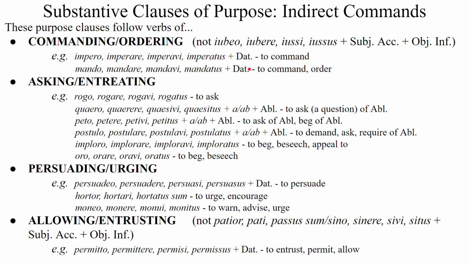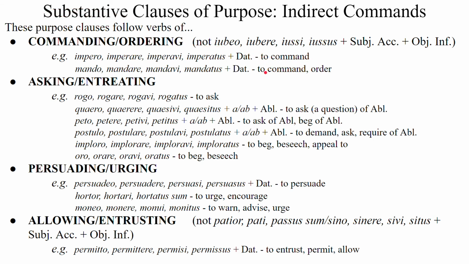Mando takes a dative, ut or ne plus an indirect command, etc. At least Caesar's consistent, even though he uses them kind of all over the place. So impero, imperare, imperavi, imperatus, and mando, mandare, mandavi, mandatus both mean to command or order, to give a command, and they both take the dative. And they're both followed by ut or ne plus the subjunctive, to show what, the substantive noun, is being commanded.